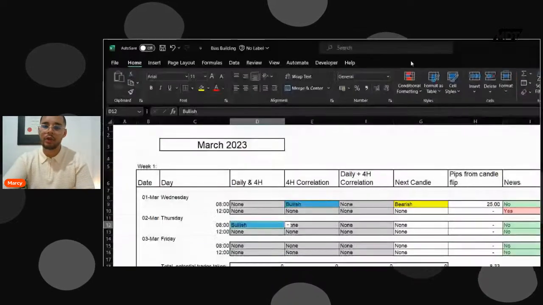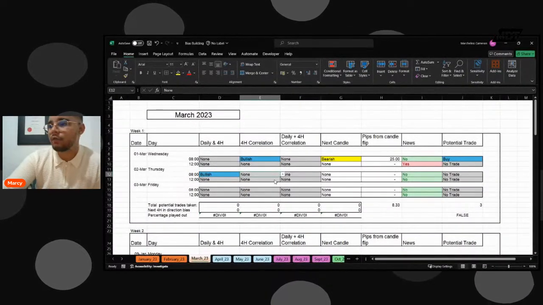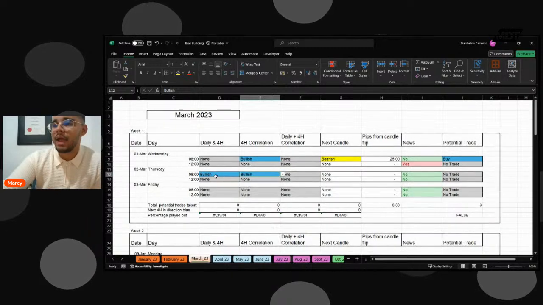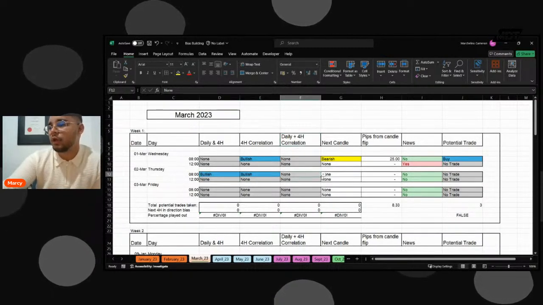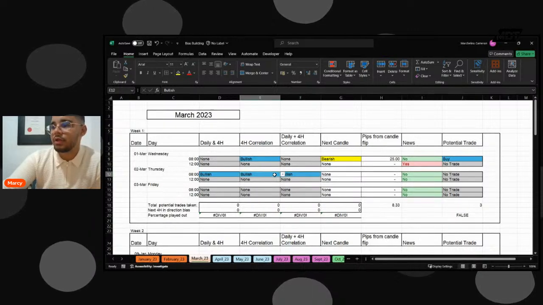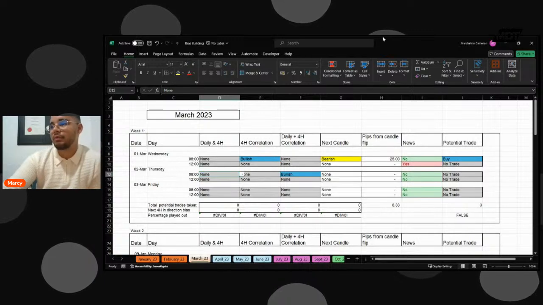Bullish. Okay, perfect. So what that means now is that we have 4H correlation and we have the daily. So in theory, we can mark this one right here. So when we mark this one right here, we can take these two off, just because that means we have both of them at the same time.